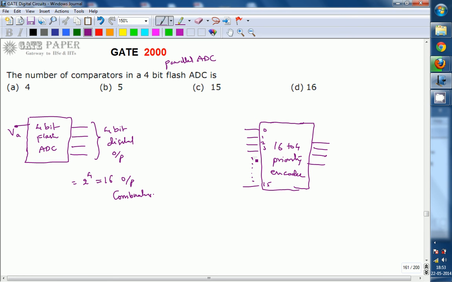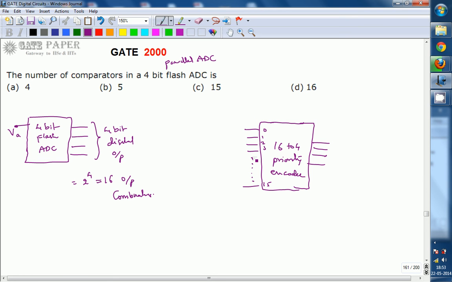Here we are going with 16 inputs. In a normal encoder without priority, the restriction is that only one of the inputs must be active and all other 15 must be inactive. But in a priority encoder, there is no such restriction. Any number of inputs, maybe all, may be active, but it will give priority to the highest analog magnitude.